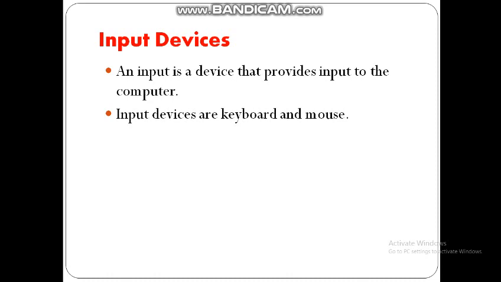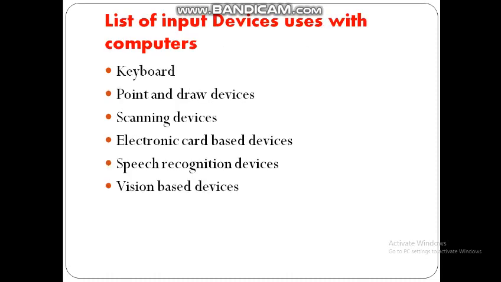Input devices are the keyboard and mouse, which we commonly use. Here is the list of input devices used with a computer: keyboard, point and draw devices, scanning devices, electronic card based devices, speech recognition devices, and vision based devices.